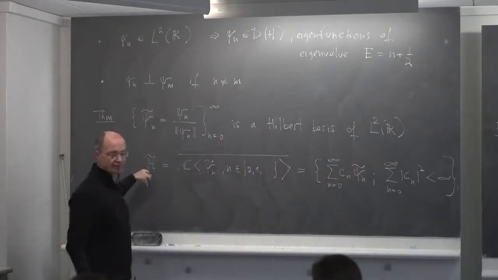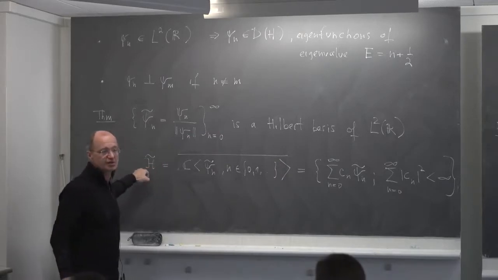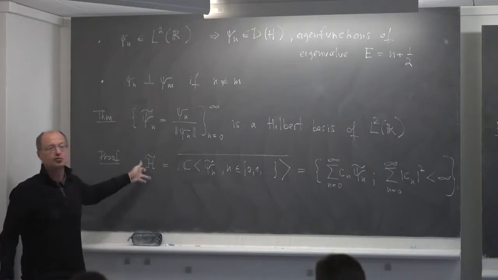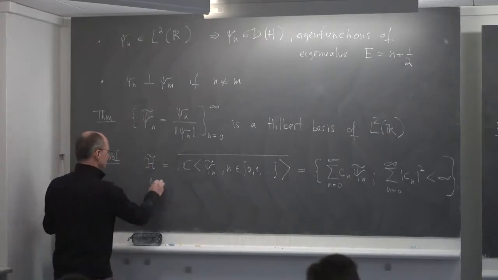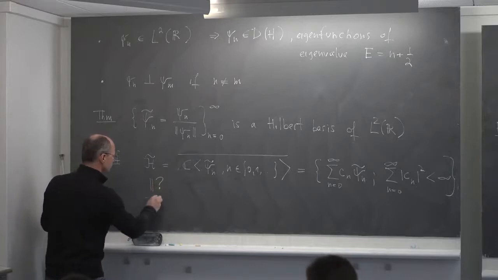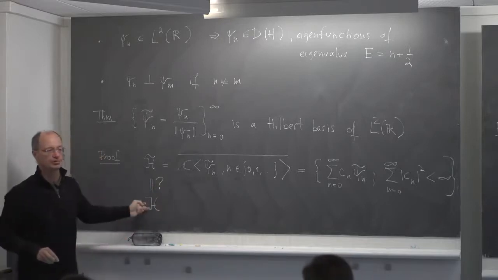So we have this subspace, and it might happen that it is not equal to the full Hilbert space. So the question is whether it is equal to H or not.